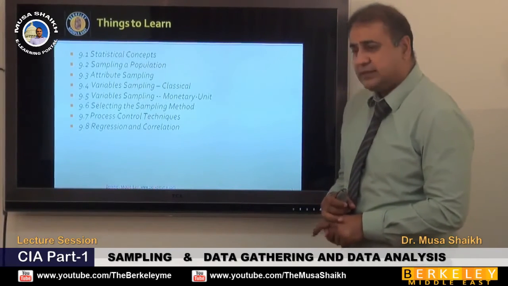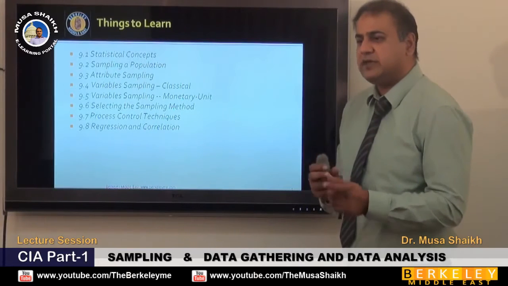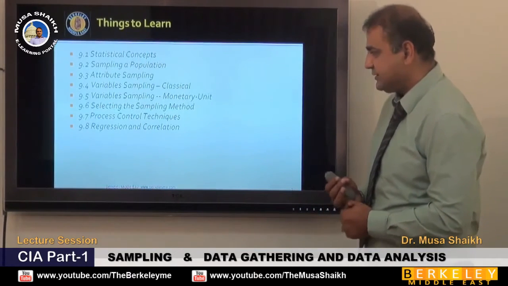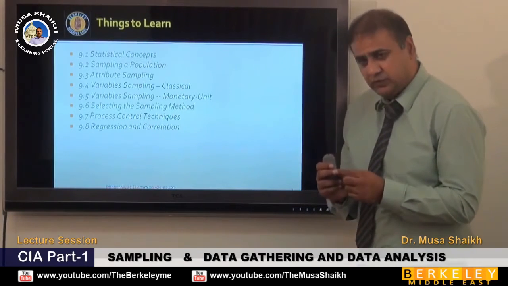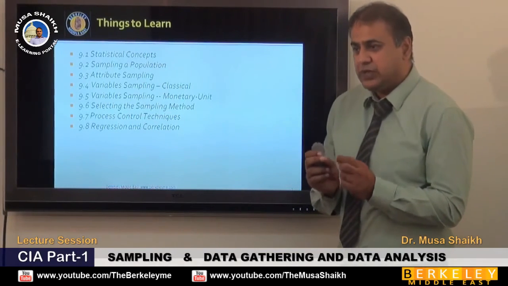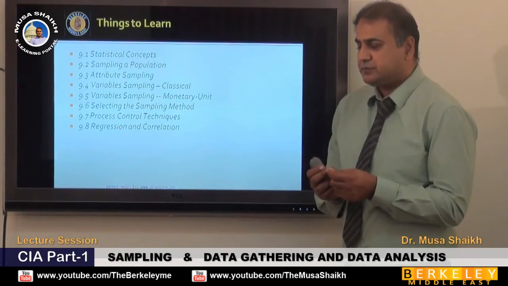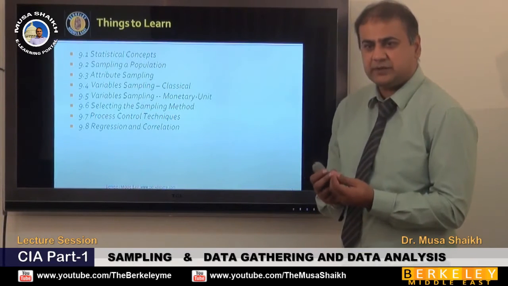Process control techniques, we will discuss how to, once we define the process. This is related to the same controls that we already discussed. Regression and correlation. Correlation, 'co' is a Latin word meaning two, a relation of two variables. Suppose we know that accounts work on a double entry system.